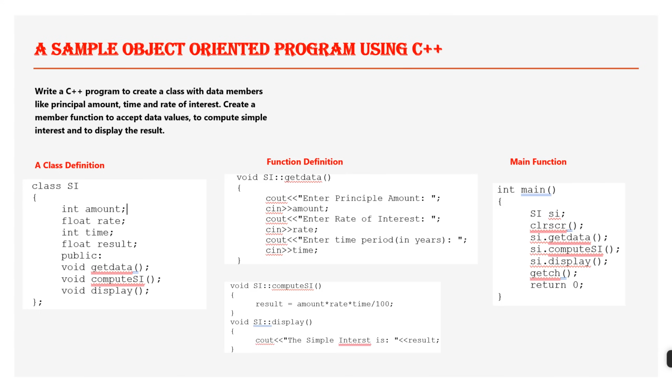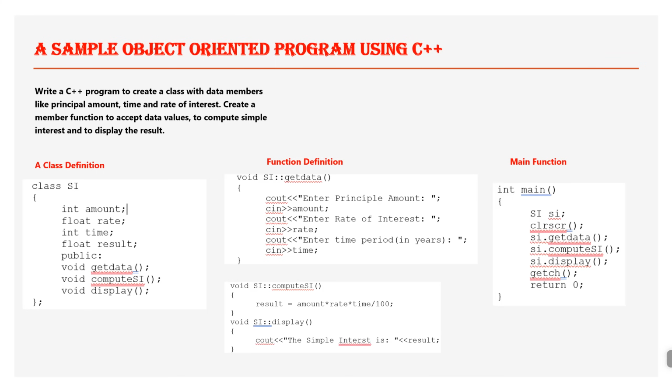So I am defining 3 functions: get data, compute SI and display. Get data reads the values for those private data elements. Compute SI calculates the simple interest. Display displays the result. This is how I declare the functions.